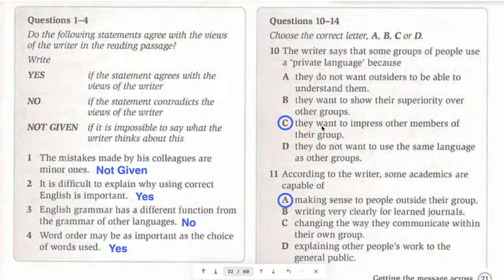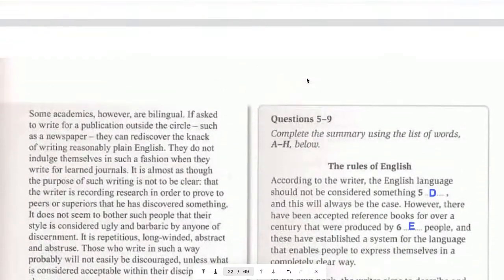And the answer here is what? C. They want to impress other members of their group. So the writer says that some groups of people use a private language because they want to impress other members of their group. Okay, now where can we find the information?